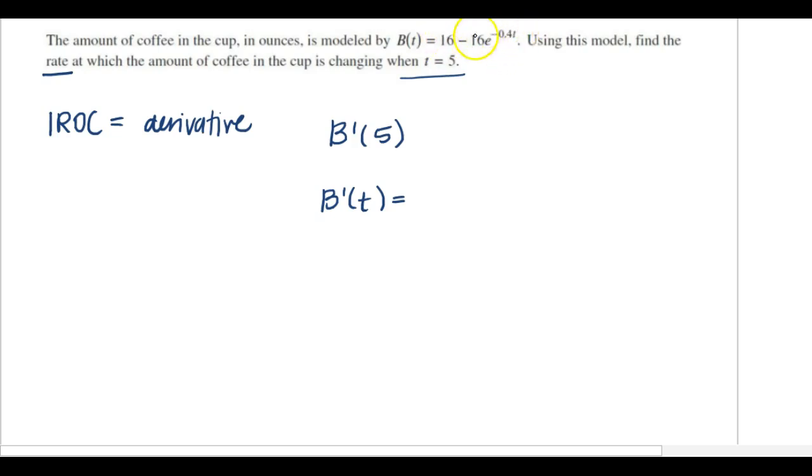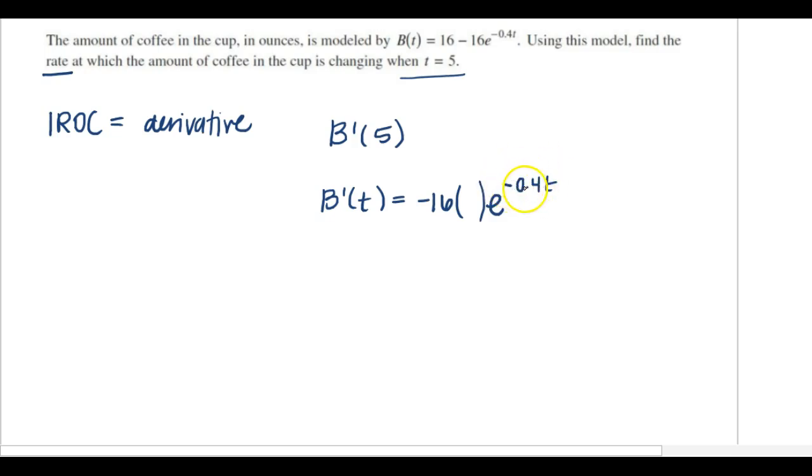And now let's look at this piece. What is the derivative of this piece? So this constant in the front, negative 16, can just stay there. And the derivative of e to the negative 0.4t, well, the derivative of e to some function just stays that exact same thing, right? So e to the negative 0.4t, and then we multiply by the derivative of that function in the exponent.